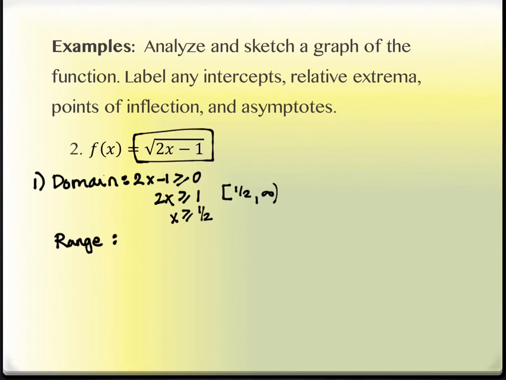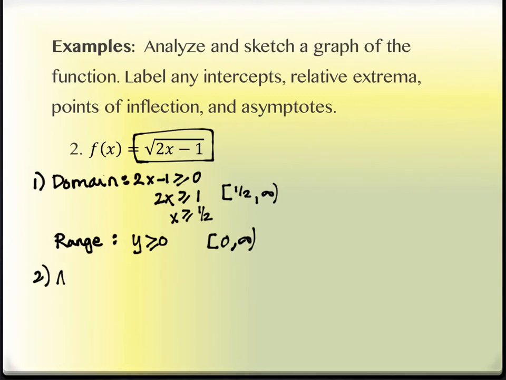What that means is that whatever comes out of this is only positive numbers or 0. So it's very straightforward. We actually have that our range is that the y value is greater than or equal to 0. In interval notation, that would be 0 to infinity. So those go forward really quick.